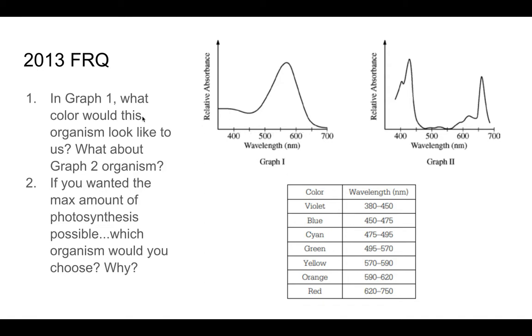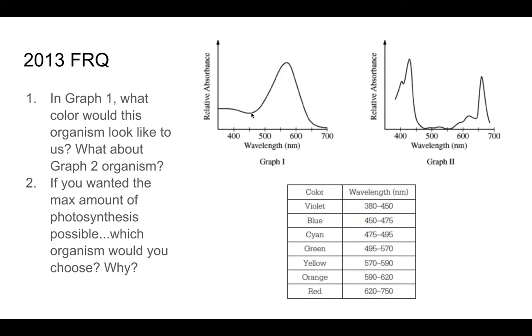So my question to you is, in graph number 1, what color do you think that this organism would look like to us? So think about it for a second. What if this organism showed this particular absorption spectrum, what color do you think that it would look to our eyes? All right, so think about it. This organism is going to show us the colors that it's not good at absorbing, right?